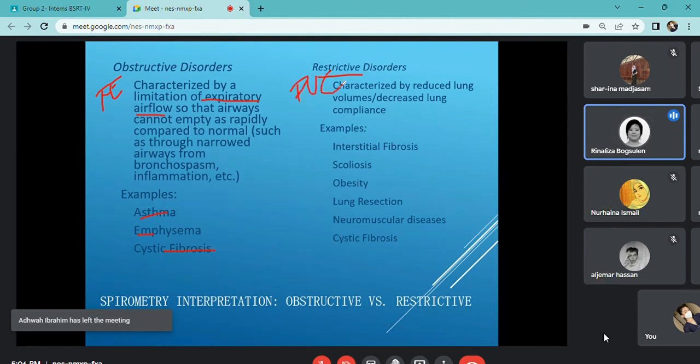Okay? Plus, lung volumes and capacities are also decreased. Okay? What else? What are the examples of your diseases classified under restriction? Fibrosis, scoliosis, obesity, lung resection, neuromuscular diseases. It can also be cystic fibrosis. So, cystic fibrosis can be both restriction and obstruction. Okay?